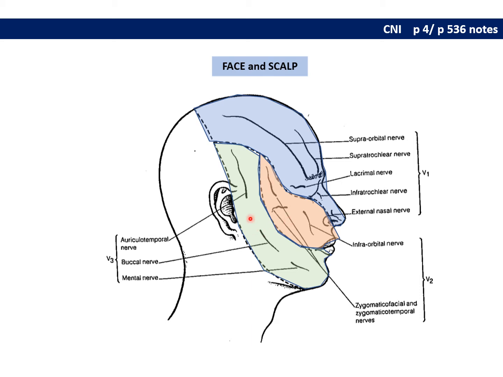And then finally, coming off of V3, going to the anterior face, would be the auriculotemporal nerve, which you saw in the infratemporal fossa, coming out as you remove the mandible, and then the buccal nerve and the mental nerve, which comes out on the anterior surface through the mental foramen.